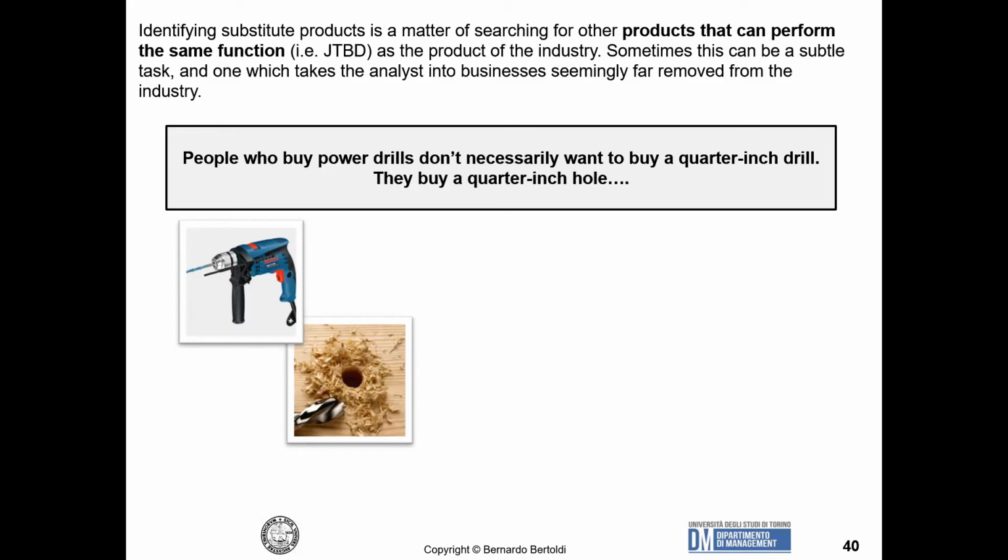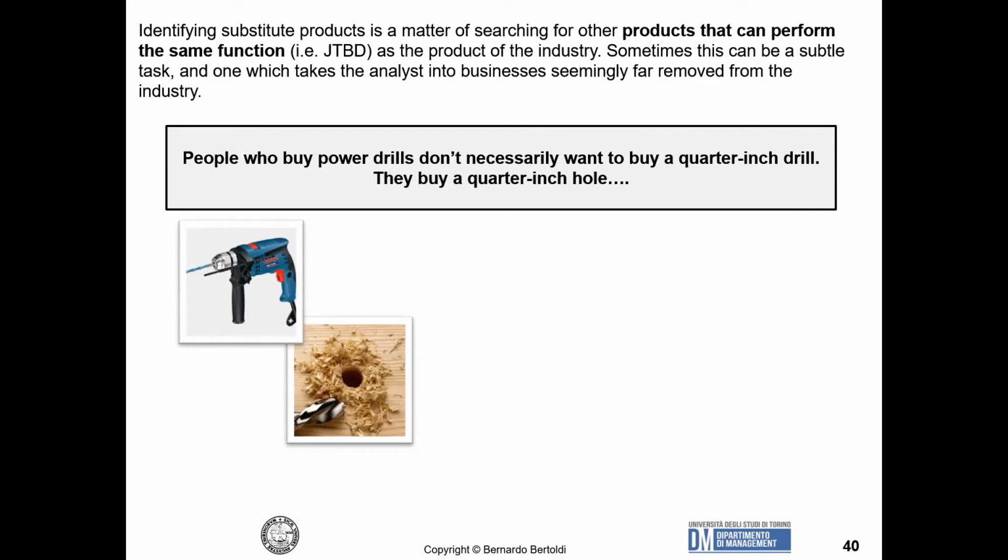So the point is that customers buy solutions, things done, jobs that products do for them, not the product itself. The product is not important. I want to have a 1/4 inch hole, and there are a number of different industries with substitute products that can make the job done for me as a customer.